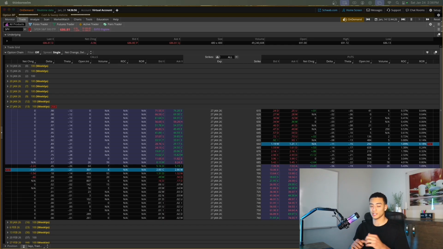But this is a good way to get good entries on stocks. Say you think that $680 is overvalued for SPY. You can get in at 66 if it does come down. But you can also make money while you're waiting for it to come down. So very good strategy to do.